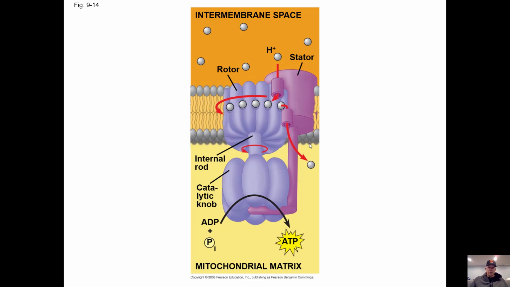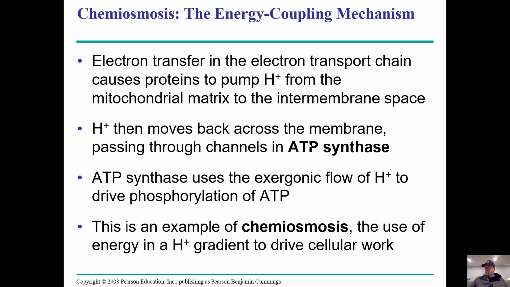All right, so here's a close up of our ATP synthase. It's kind of a model as to what could be going on with it. And here's some text that is referring to what's going on.